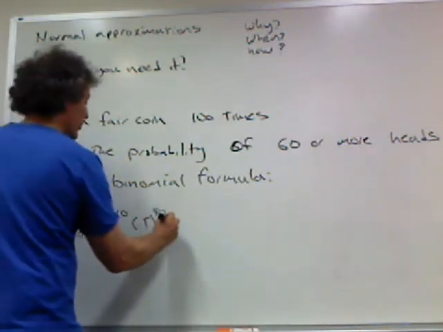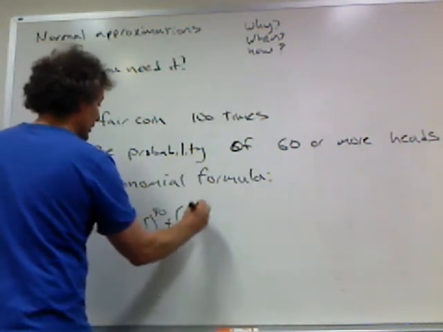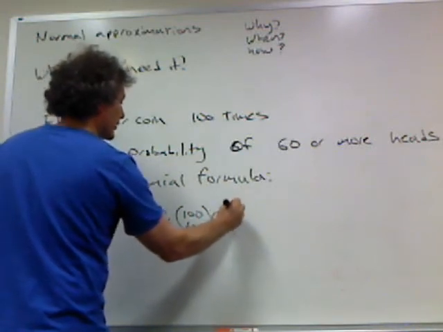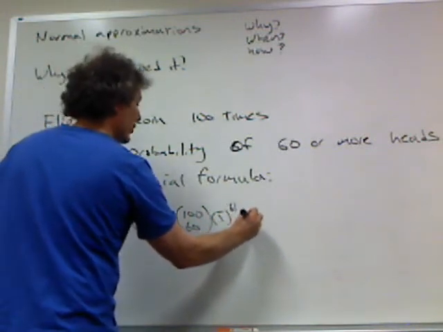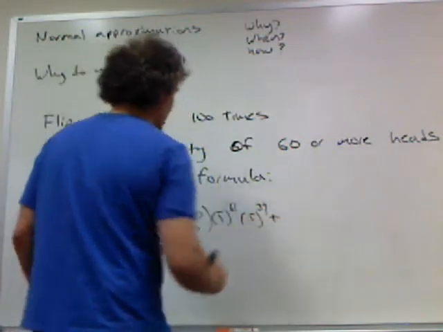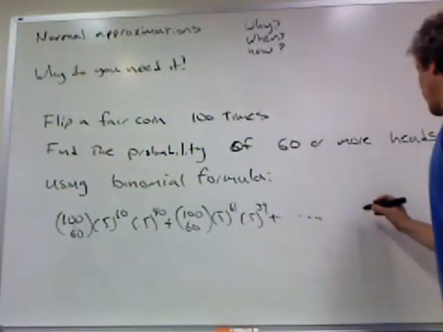So then you have to say the probability of getting 61, so that's 100 choose 61 times 0.5 to the 61 times 0.5 to the 39. And you keep on going like that till you get to all 100 of them being heads, which is another thing that could happen, right?